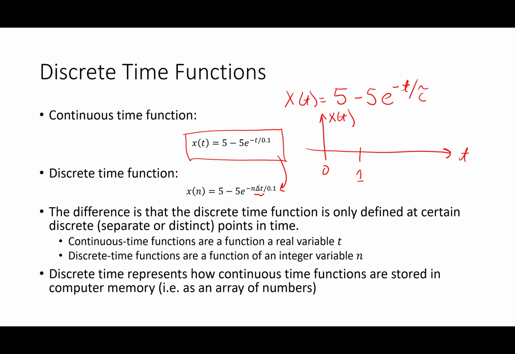In this notion of a discrete time variable, the continuous function is a function of a real variable t, whereas the discrete time function is a function of an integer variable n. So what do I mean when I say an integer variable n? What does it mean to have an integer variable versus a real variable?